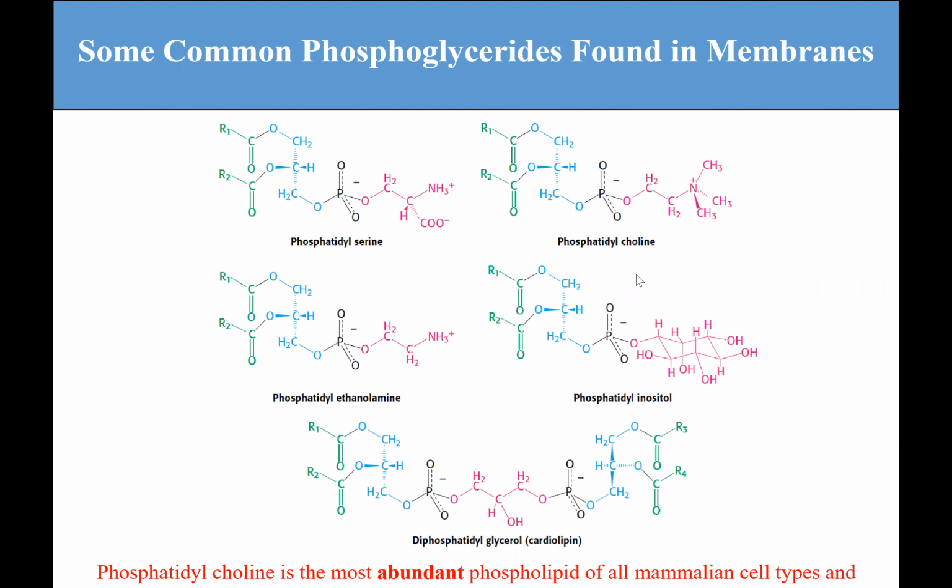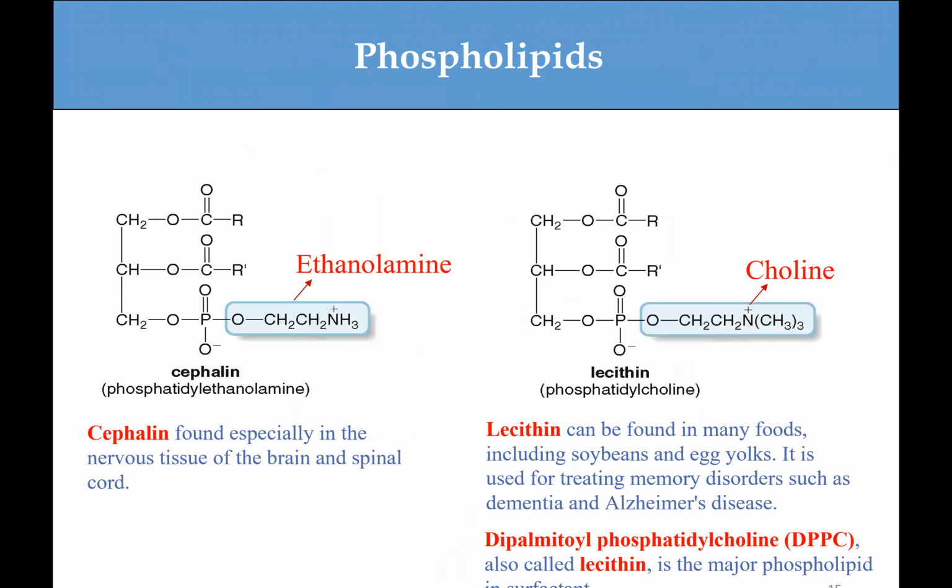They're saying phosphatidylcholine is the most abundant phospholipid, the one found in the largest amount in mammalian cell types. Okay, now they're going through the structures we saw in the previous slide. We have phosphatidylethanolamine, and another name for the whole thing is cephalin.